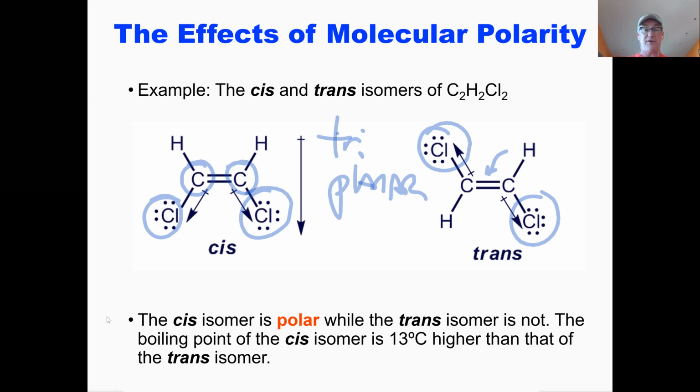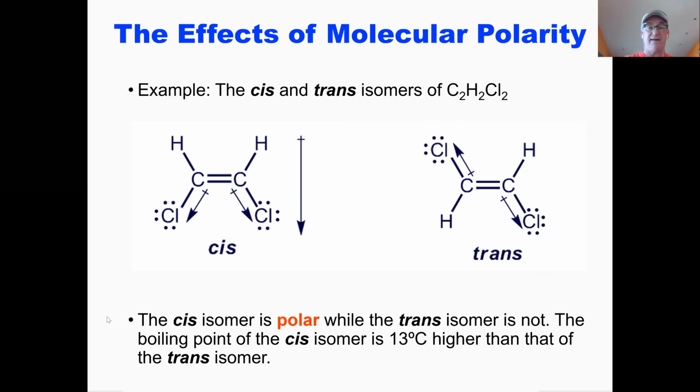And in organic chemistry, we call this cis, or same. They're on the same side. And we call this arrangement trans, or opposite sides. So here the chlorines are cis. They're closer together. And on the other side, they're opposite. They're further apart. And so look at the dipoles they make.